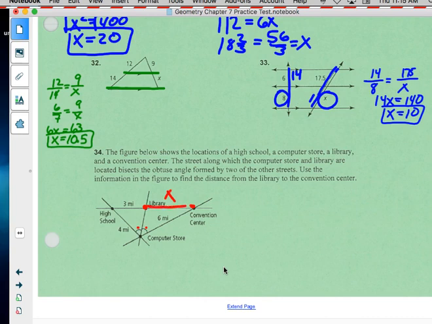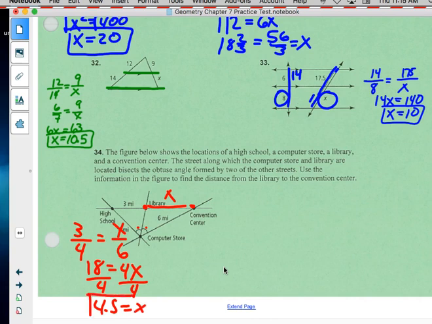Now, this is angle bisector, and I can set it up the way it sits. I've got 3 to 4 is equal to x to 6. So I've got 18 is equal to 4x. I divide by 4 and find out that I have 4.5 is equal to x for my final answer.